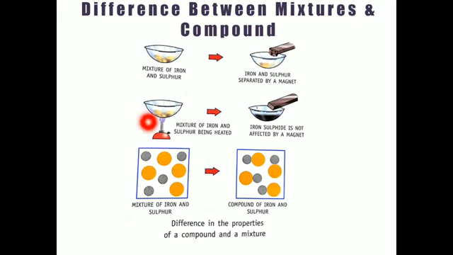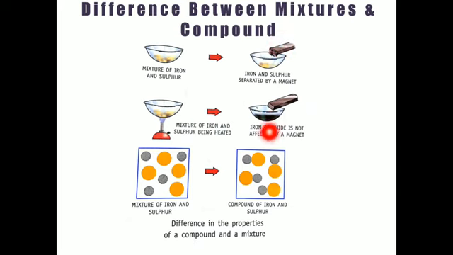Whereas in this particular picture, iron and sulfur, both the same constituents, are heated on the burner. When we apply heat, we get the black color residue of iron sulfide. After heating, this becomes the compound. Now this is the compound, which is iron sulfide, and this was the mixture.